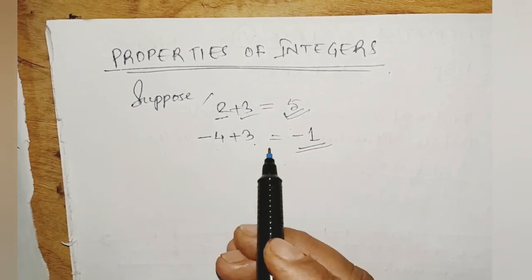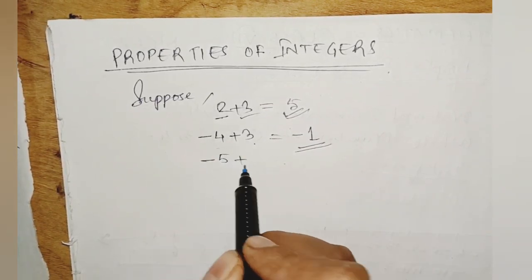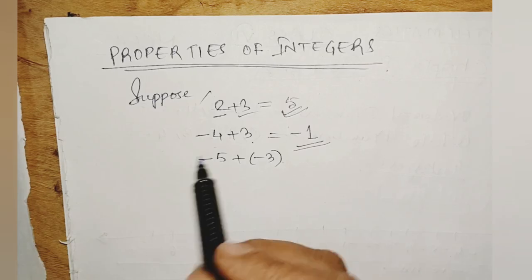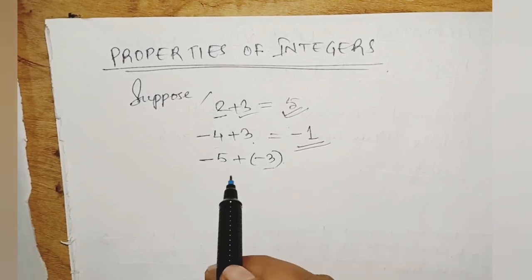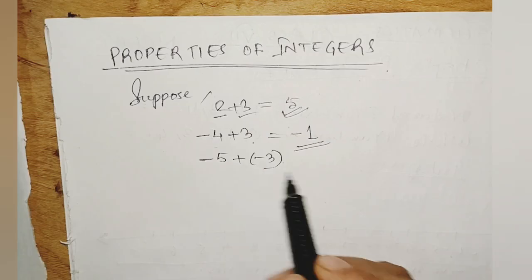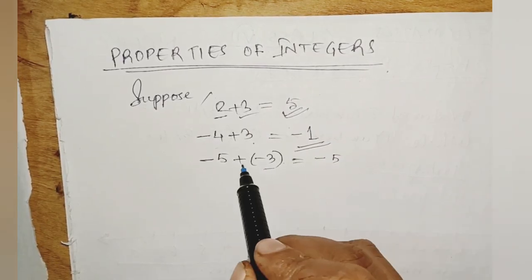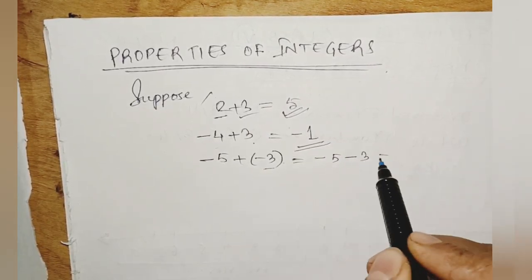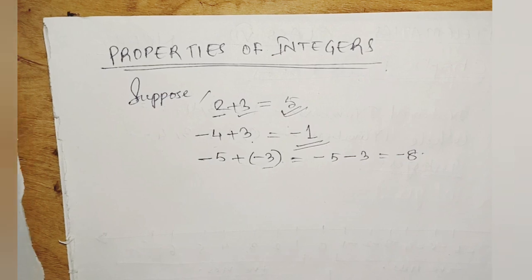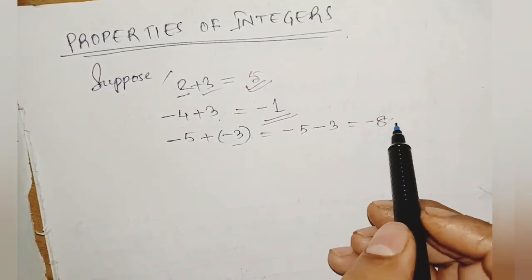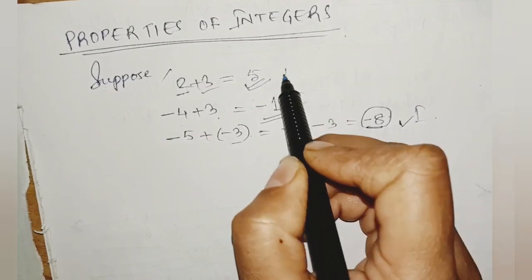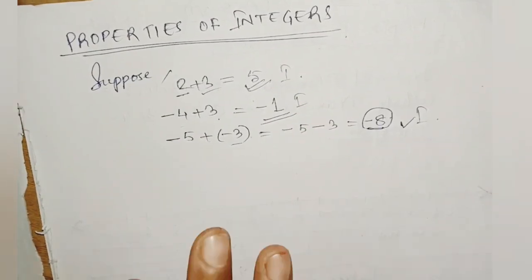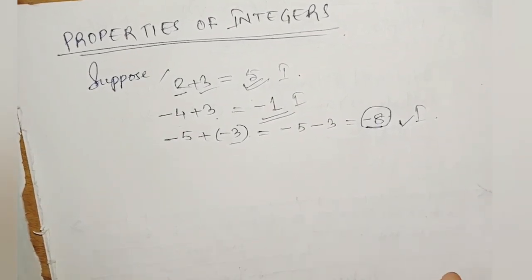So again, if you take -5 plus -3, both -5 and -3 are integers, as we have already seen that negative numbers are integers, and we are adding here. When we add these numbers, -5 plus -3, we get -8, which is also an integer. So whenever we add any two integers, we always get an integer as the end result.